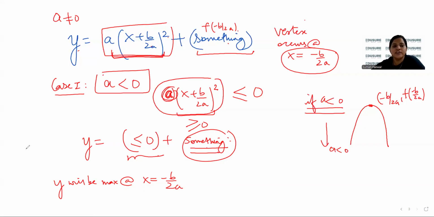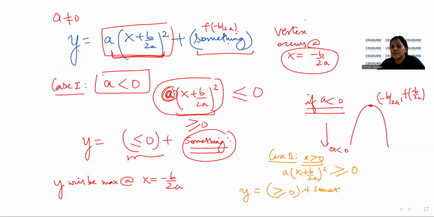The second observation we can again see here, case 2. Case 2 is a is positive. So if a is positive, a times (x plus b by 2a) whole square is greater than or equal to 0. So y is greater than or equal to 0 plus something. So that means at x equals minus b by 2a, we hit a minimum.